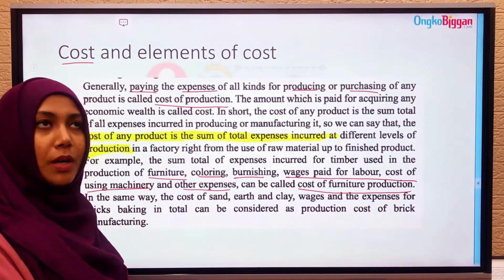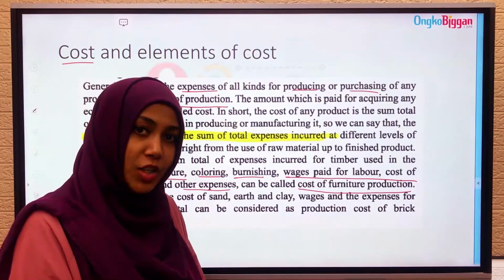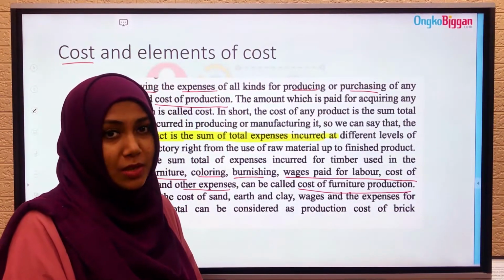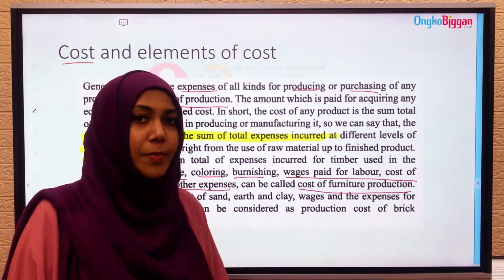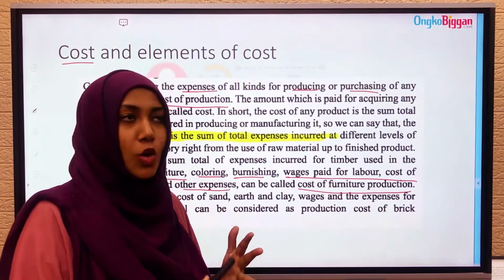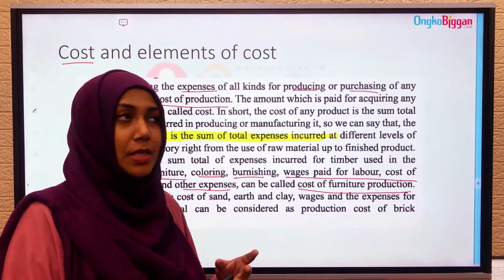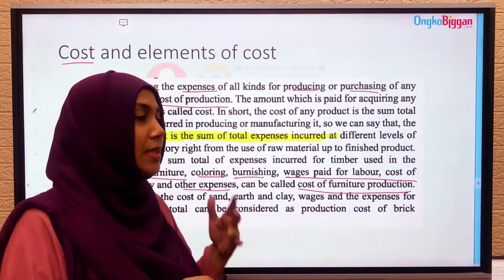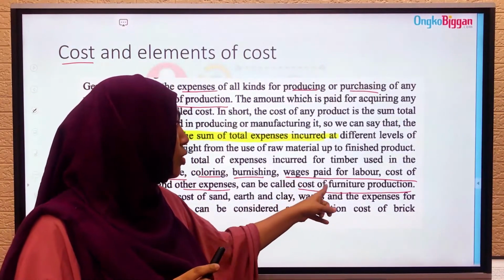If I have a furniture business, then I can produce the furniture by myself, or I can purchase the furniture from somewhere else. Once I purchase it from somewhere else, the expenses can be wages, offloading expenses, labor expenses, travel expenses. Totally that is called cost of purchase.